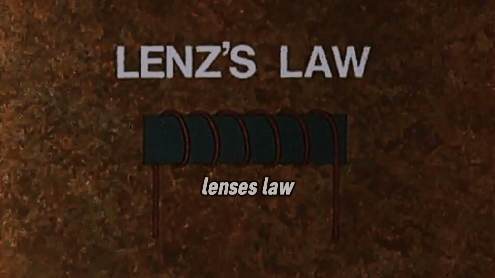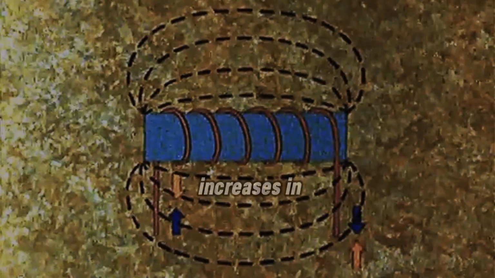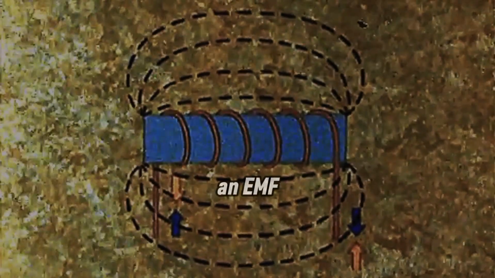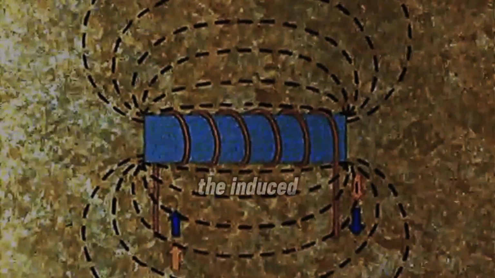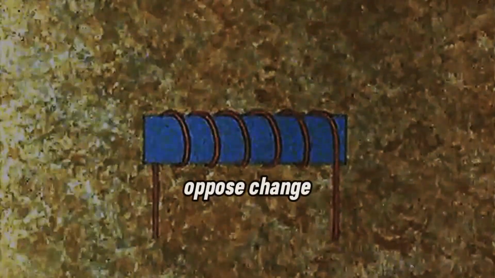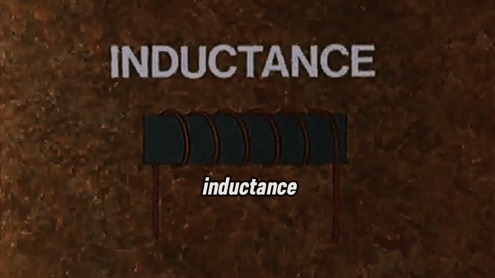In general, Lenz's law says that as current increases in a coil, an EMF is induced which opposes the increase. And when the current decreases, the induced EMF tries to keep it going. This property of a coil to oppose change is called inductance.